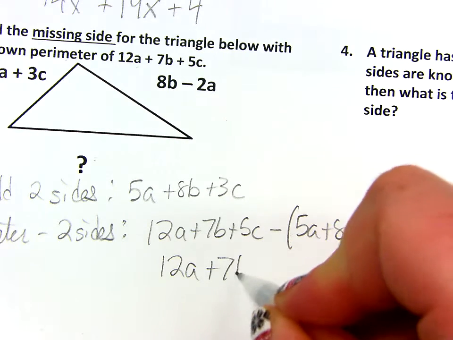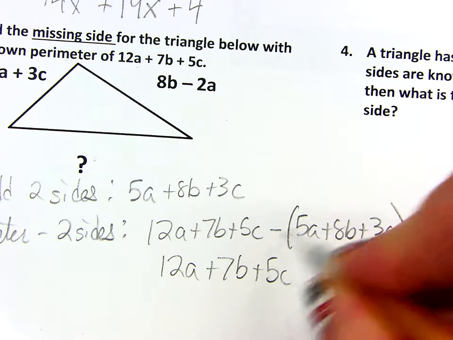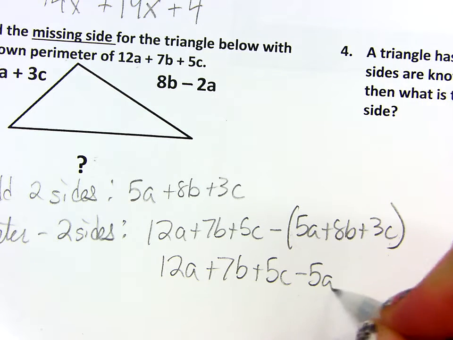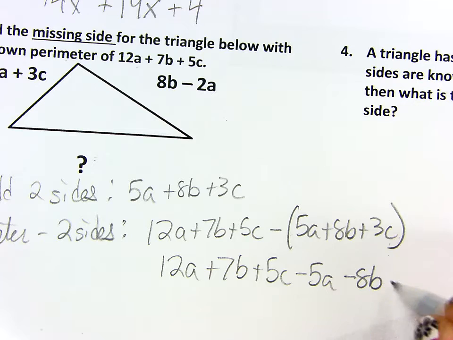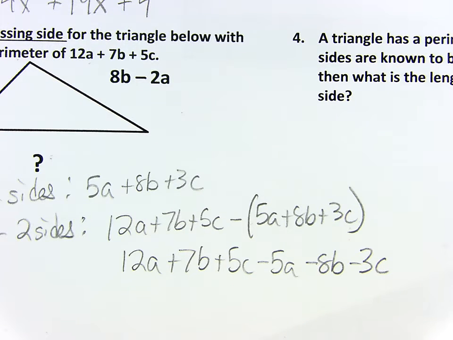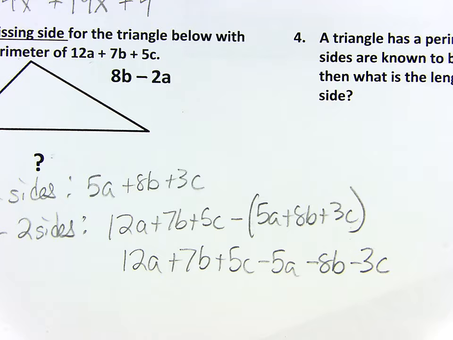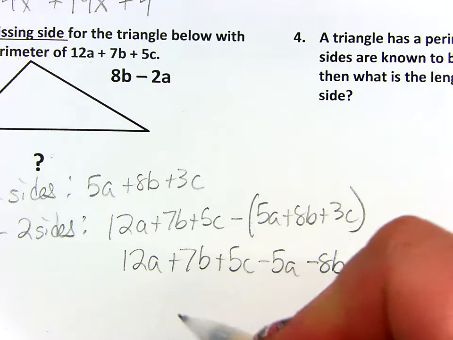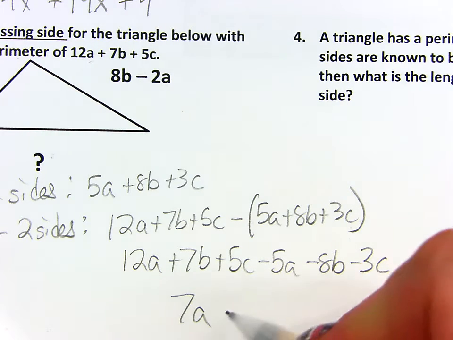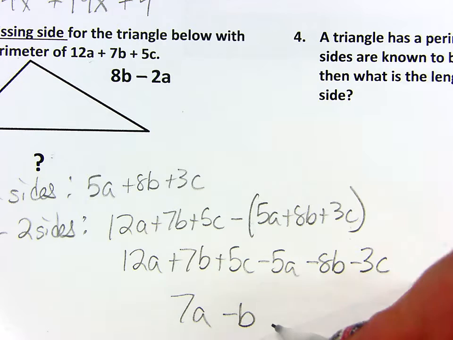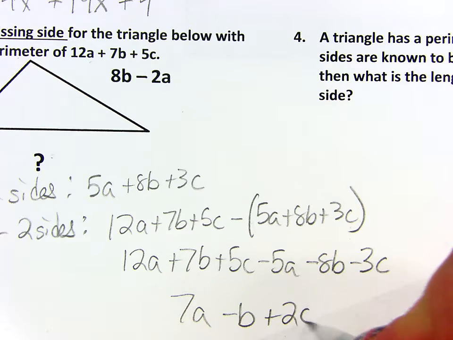The first piece stays just as it is, but now I have to minus 5a, minus 8b, minus 3c. And now I should be able to combine like terms, and this answer is that missing side. There it is.